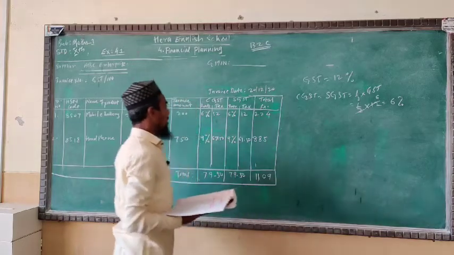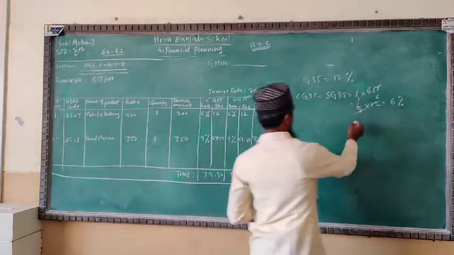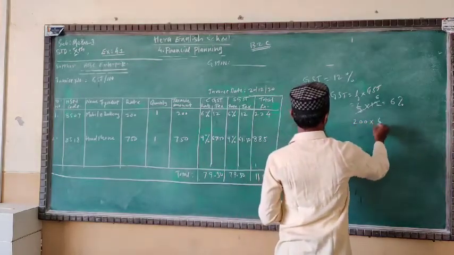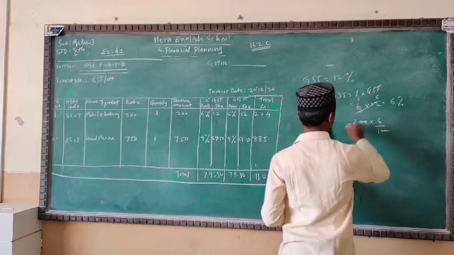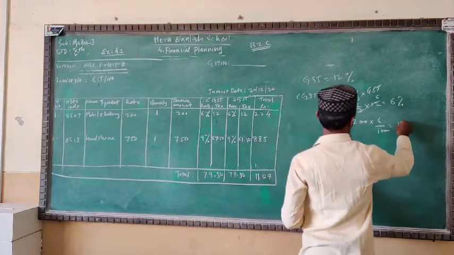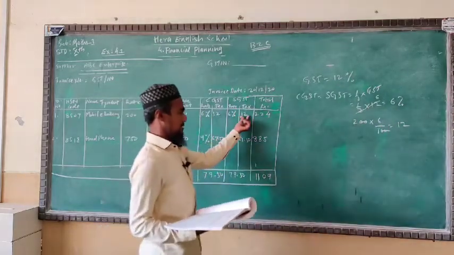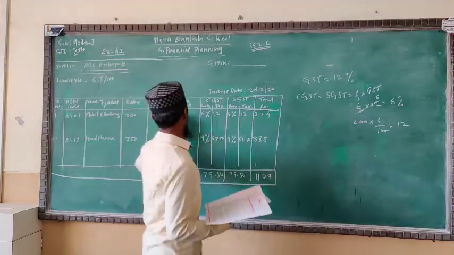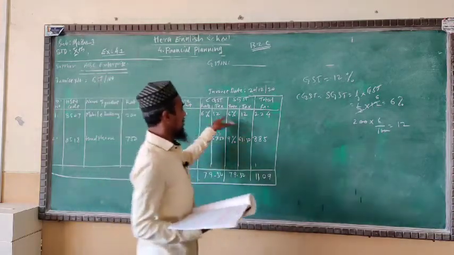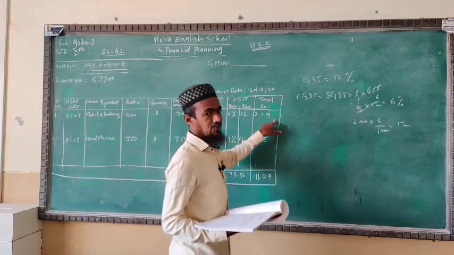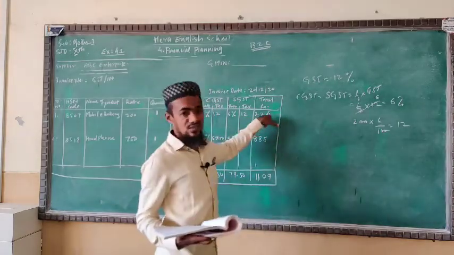Then we have to find the GST on 200, multiplied by 6 upon 100, cancel this 200, you will get 6 2 is 12, the CGST and SGST. Now addition of these three amounts, the taxable amount 200 plus 12, then plus 12, you will get 224, the total amount of mobile battery with GST.